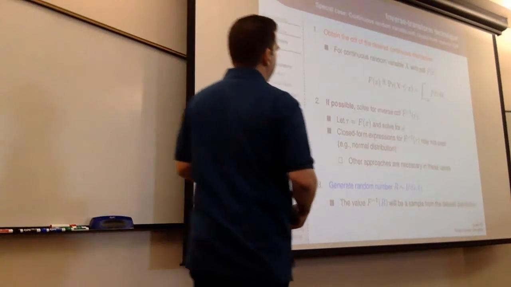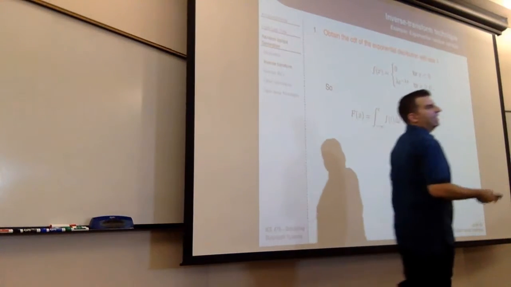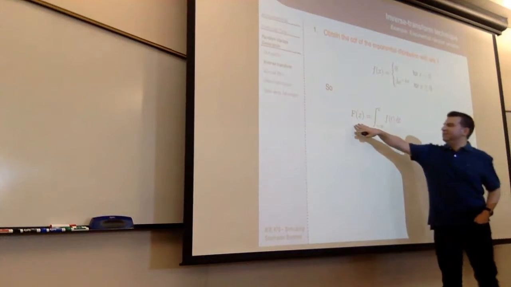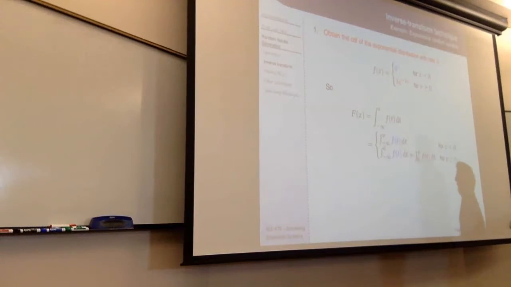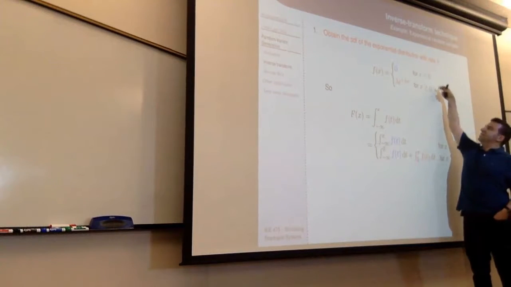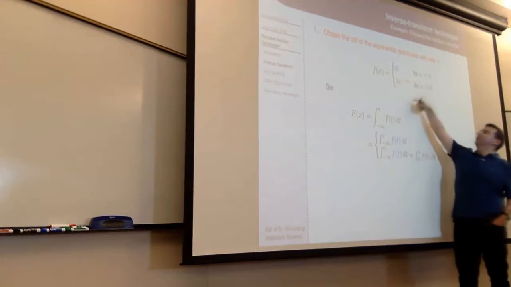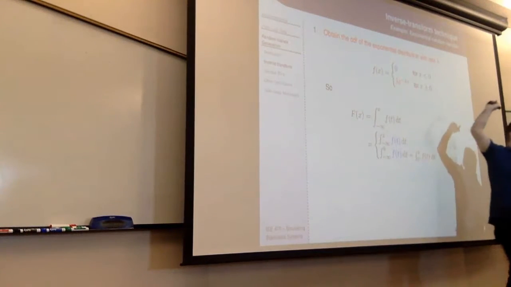To make that more concrete, let's say we want an exponential, and we don't have that nice expo function in Arena. Here's the PDF for an exponential, and this is the basic formula for a CDF. I need to calculate the CDF of the exponential. This exponential technically has two pieces. It's 0 below 0, and it's only this nice exponential shape for 0 and above.